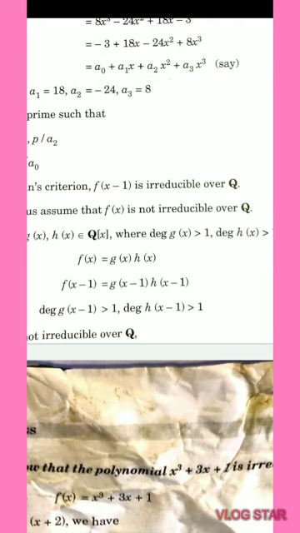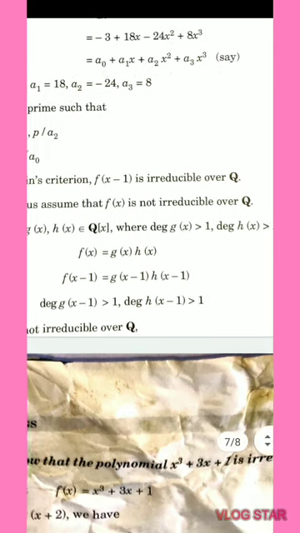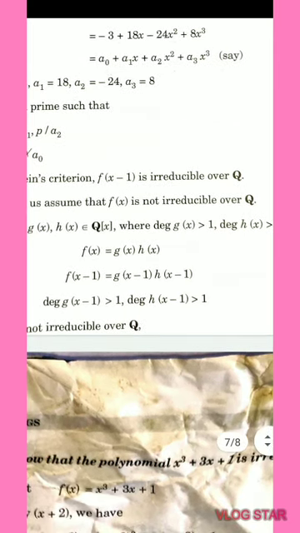If possible, let us assume that f(x) is reducible over Q. Therefore, there exist g(x) and h(x) belonging to Q[x], where degree of g(x) is greater than 1 and degree of h(x) is also greater than 1, such that f(x) is equal to g(x) into h(x).